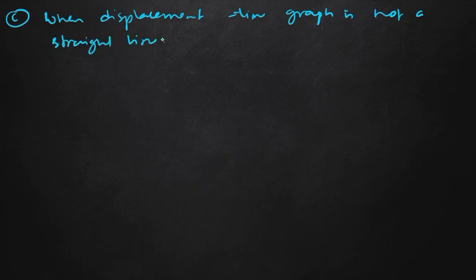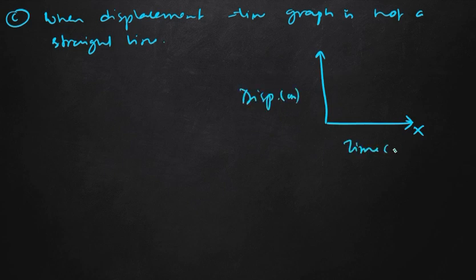So for the first case we have written that the displacement-time graph is a straight line parallel to the x-axis, the second one is again a straight line but not parallel to the x-axis, and the third one is not a straight line. So if it is not a straight line, then our curve will look like this, with displacement in meters and time in seconds.